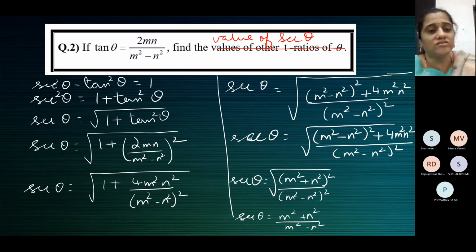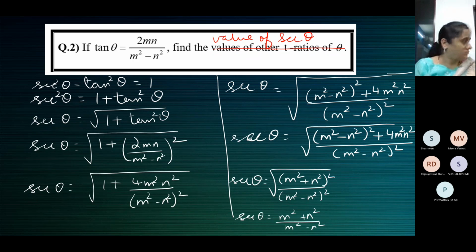Supposing they ask you to find secant theta and cos theta: you found secant theta, so cos theta is the reciprocal of secant theta. So here I've used the right triangle. I told you not to use the right triangle, but you can work using the right triangle. That answer I have here, I'll show you.